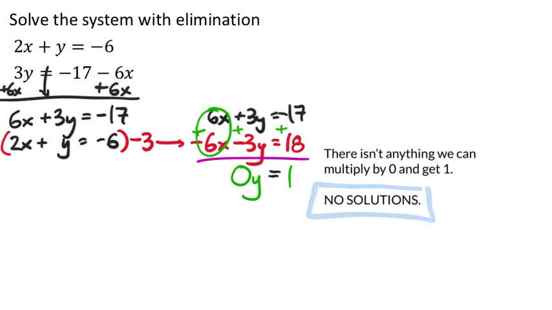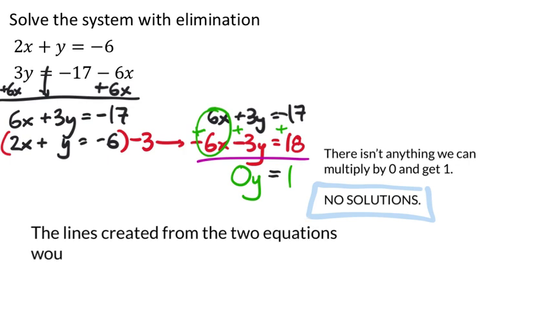The other thing that this tells us, which hopefully may be helpful for you, is that since there are no solutions, it tells us that the lines, if we were to graph these, the lines created from the two equations would be parallel and never, I'll emphasize that, never intersect.